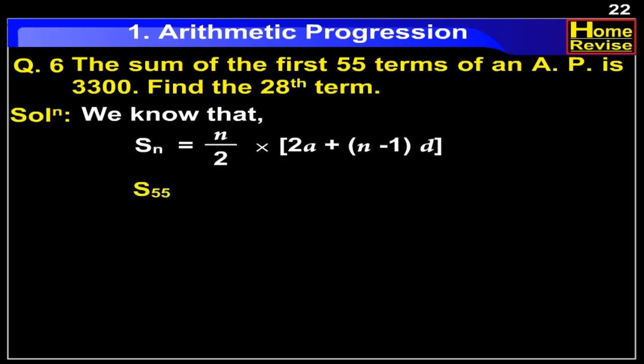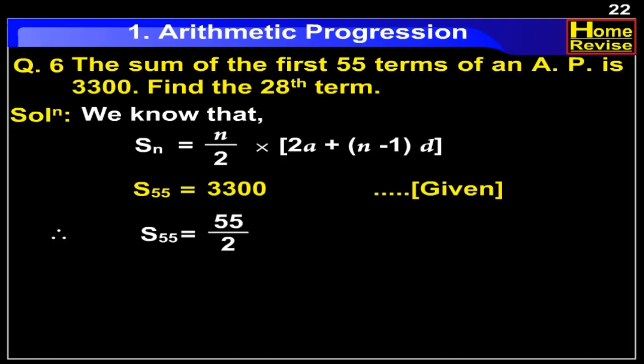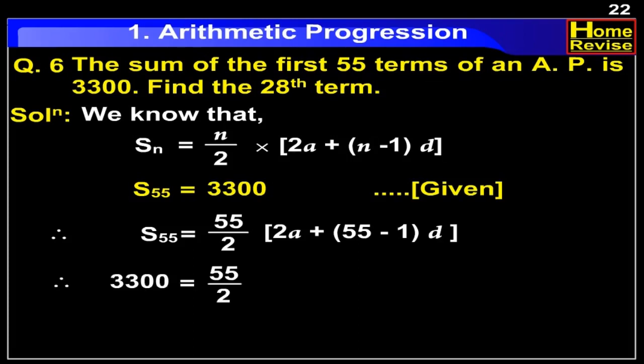It is given that S55 is equal to 3300. Therefore, S55 is equal to 55 upon 2 in bracket 2a plus 55 minus 1 into d. Therefore, 3300 is equal to 55 upon 2 into 2a plus 54d.